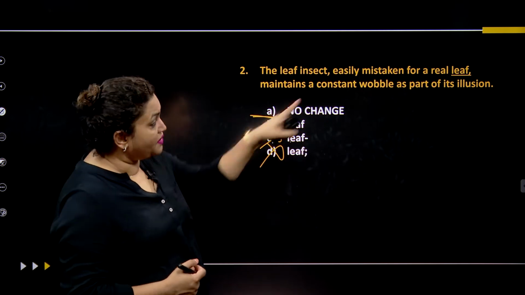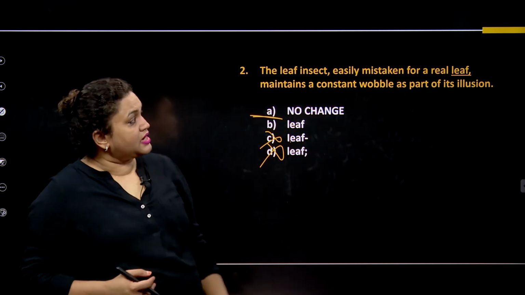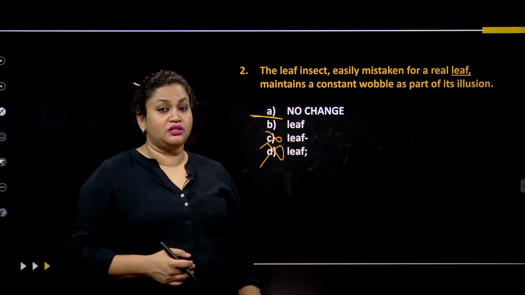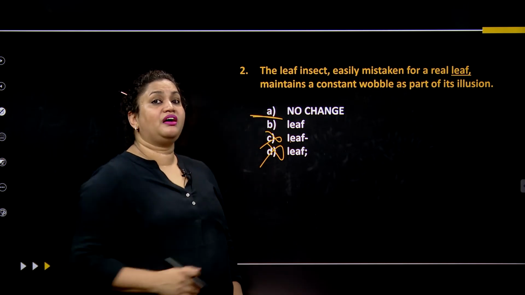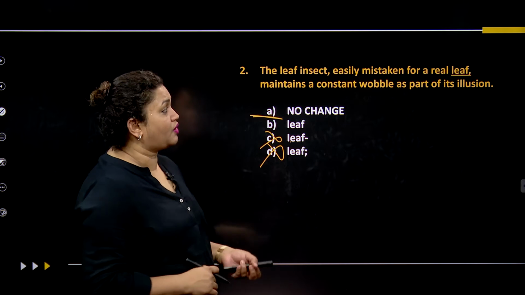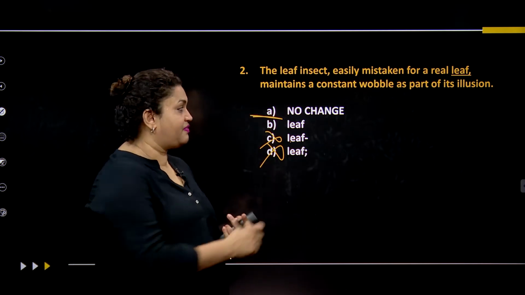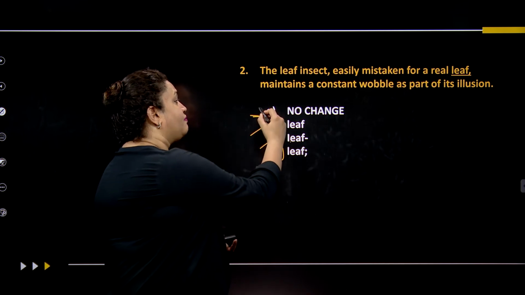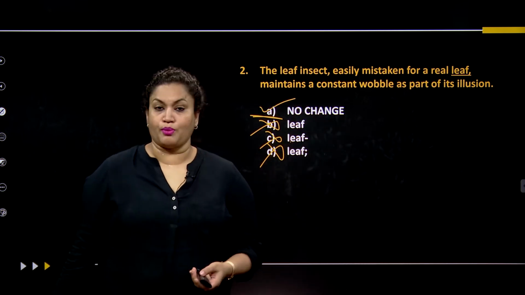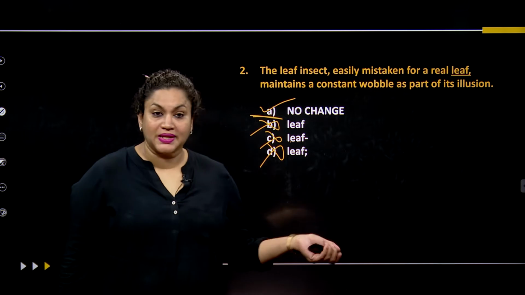If I say "maintains a constant wobble as a part of its illusion," then it will become more ambiguous whether I am talking about the real leaf or the leaf insect. As I am talking about the leaf insect, this cannot be an option. Therefore, this is the option. Let's go to the next question.